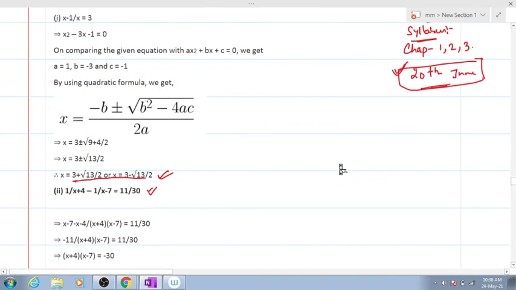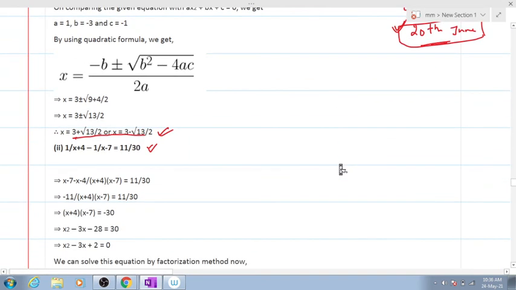Question number 2 will go a bit long, not much, but a bit. This is how we will get the final equation after taking the LCM and cross multiplying. After cross multiplying and taking the LCM, did everybody get this equation? Kindly confirm yes or no.